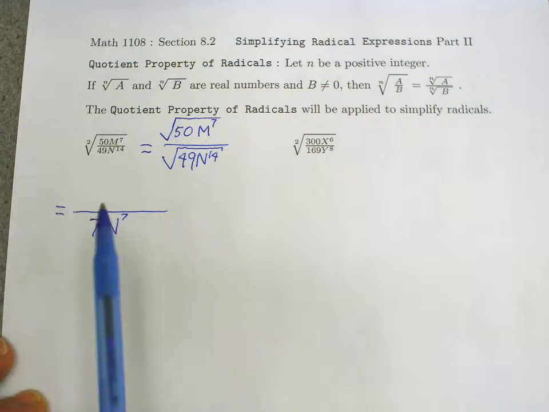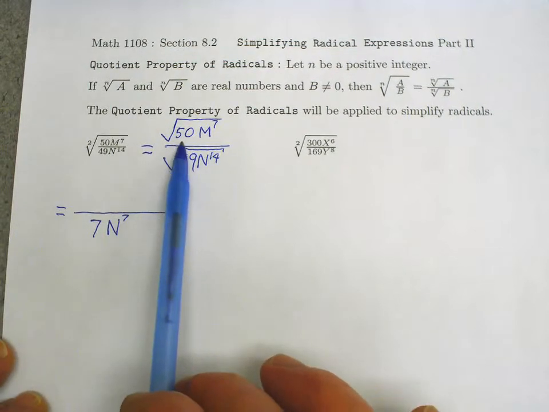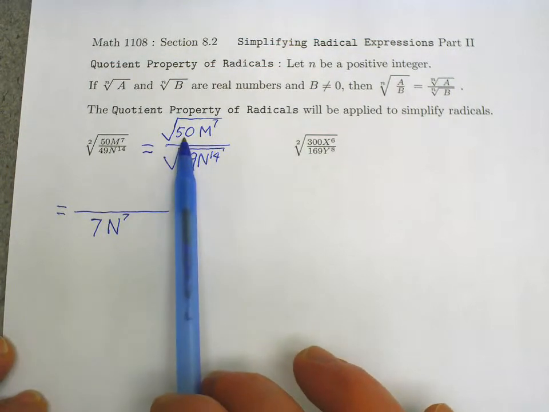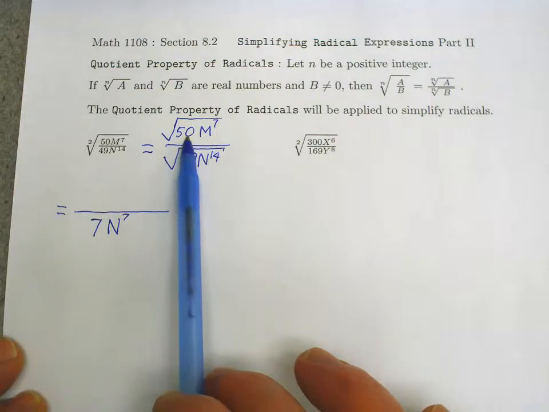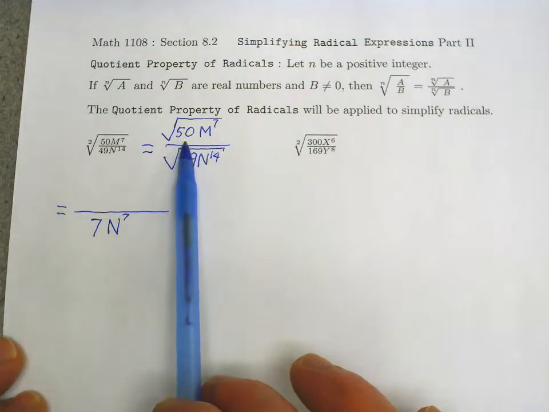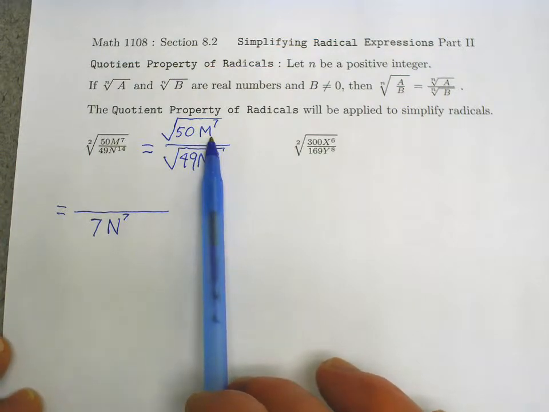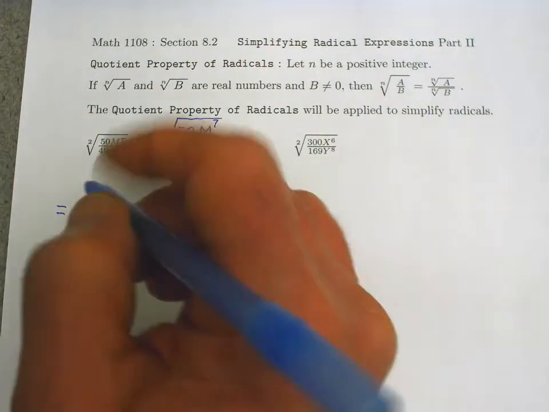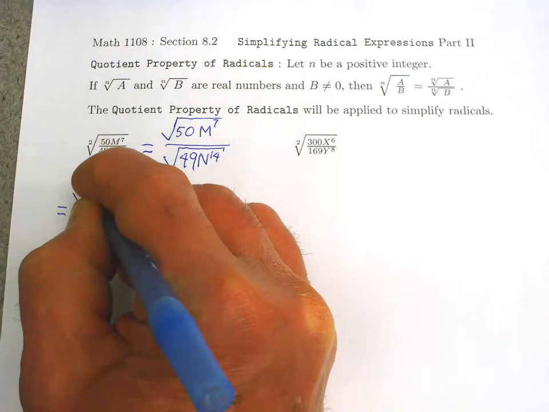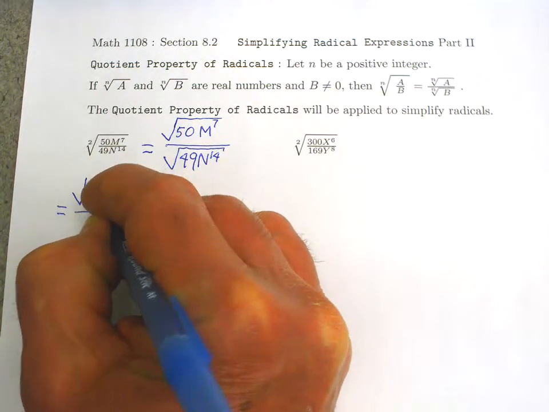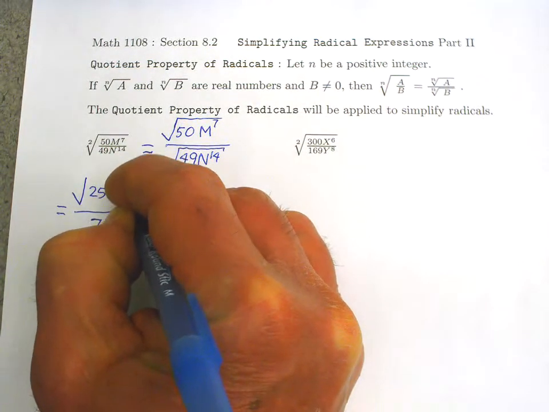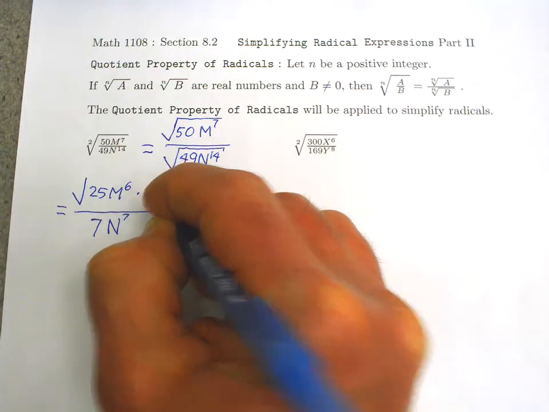And then in the numerator, we have a little bit more to do. The largest factor of 50 that's a perfect square is 25. 25 times 2 is 50. And the largest factor of m to the 7th that's a perfect square is m to the 6th. M to the 6th times m is m to the 7th. Okay, so we'll rewrite the numerator as the square root of 25m to the 6th times 2m.